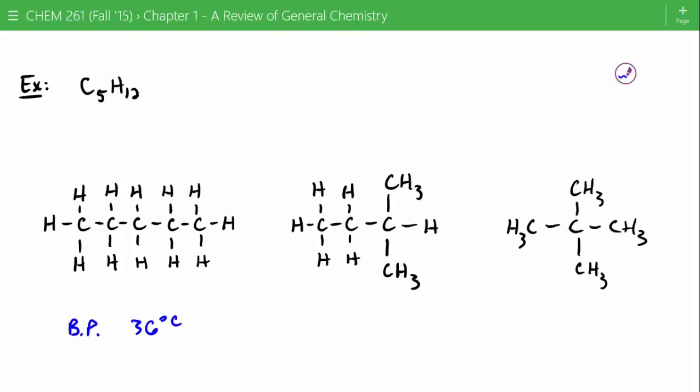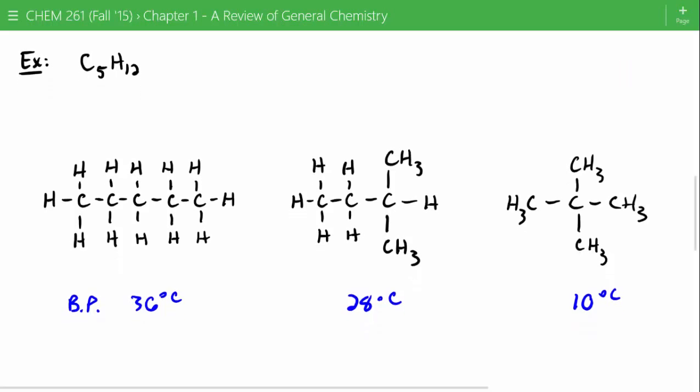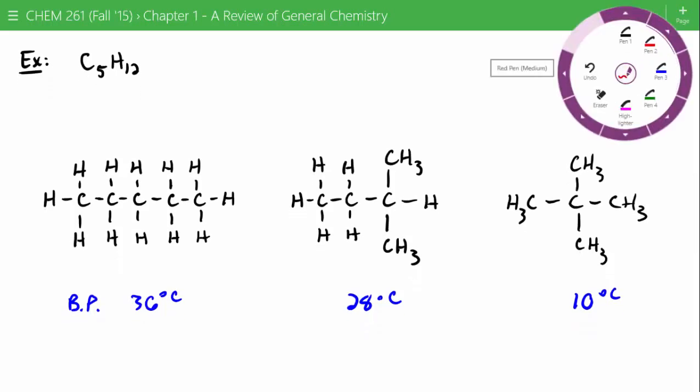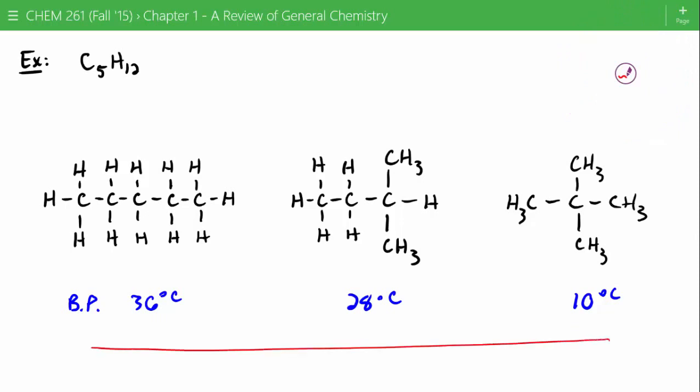The boiling point of the next one over is 28 degrees Celsius. And then the one next to that is about 10 degrees Celsius. So we have to pay attention to the surface area of molecules, not just their absolute molecular weight.